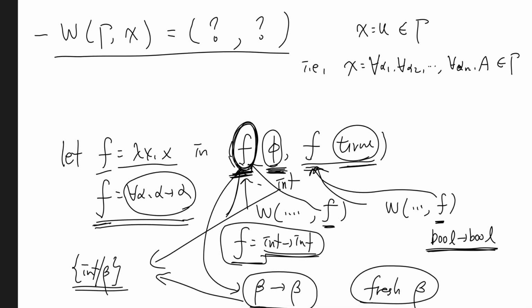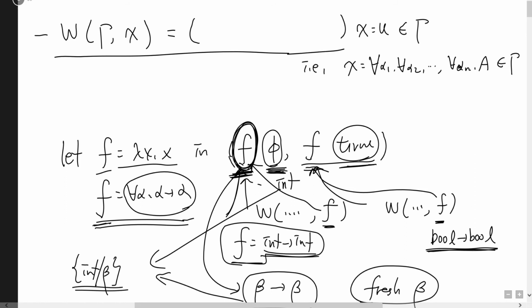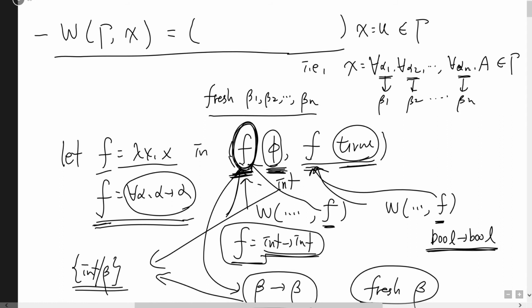So what we do here is, it is always safe to specialize all these type variables to fresh type variables. Let's just say we introduce fresh type variables beta 1, beta 2 through beta n. And then what happens is we instantiate the alpha 1 to beta 1, alpha 2 to beta 2, and so on, all the way down to alpha n to beta n.